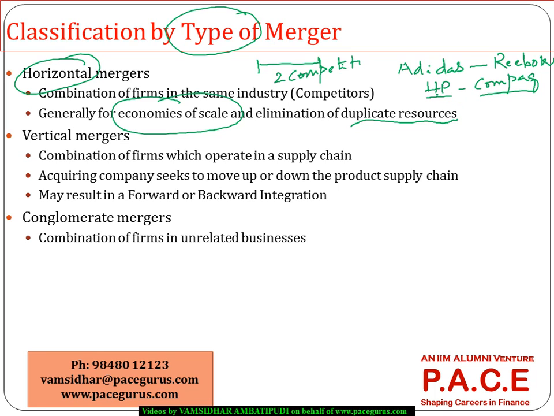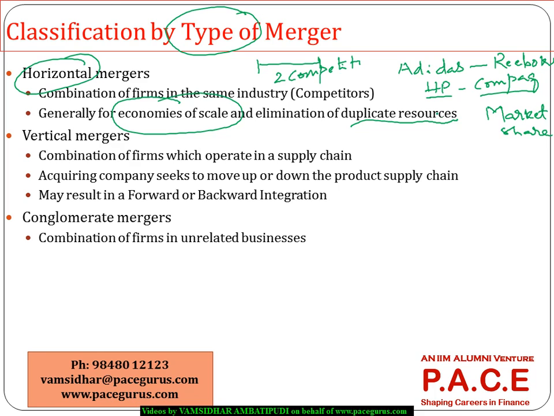But if they combine together, I can eliminate the duplicate resources and probably reduce my costs or increase my revenues, whatever it is. So the general motivation being the economies of scale or elimination of the duplicate resources, or probably even gain in the market share or create a kind of a monopoly in the market.